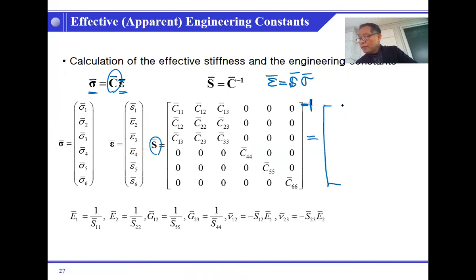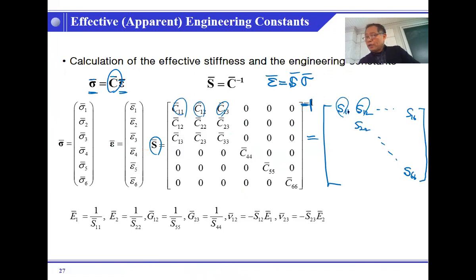Now, very important, how to measure all the compliance terms. We can say this is S11 and S12 and so on, S22 and S66, right? Now, how to measure these? Well, either one will be okay. The other one will be calculated by inverting the matrix. Experimentally, this is a very important point, please pay attention. To measure this material property, what do we do?